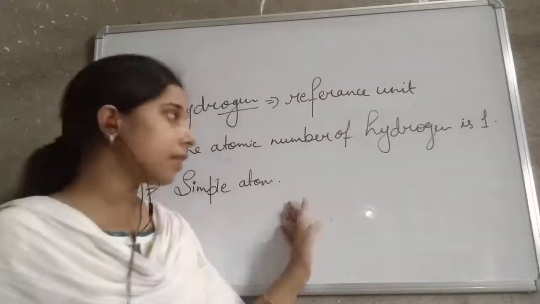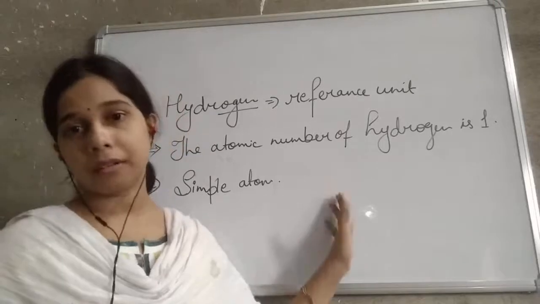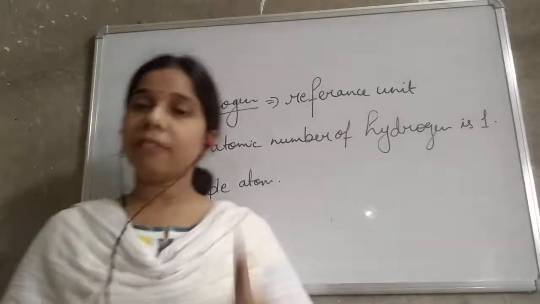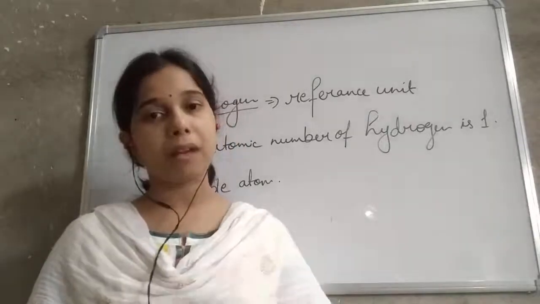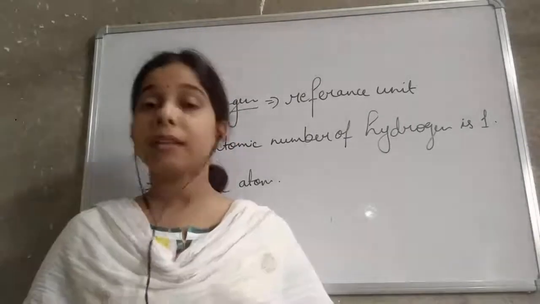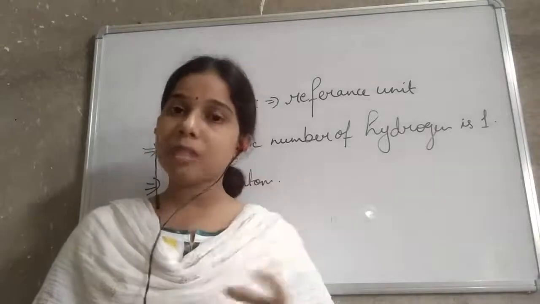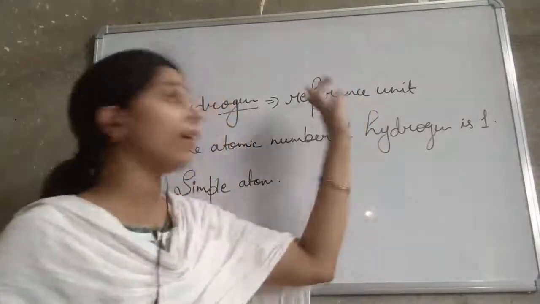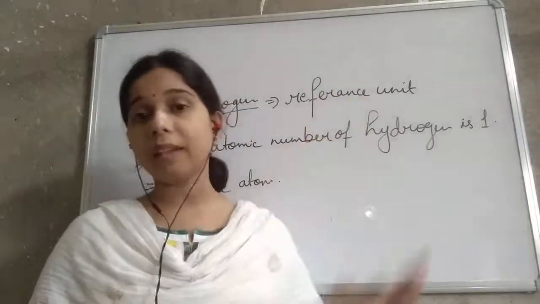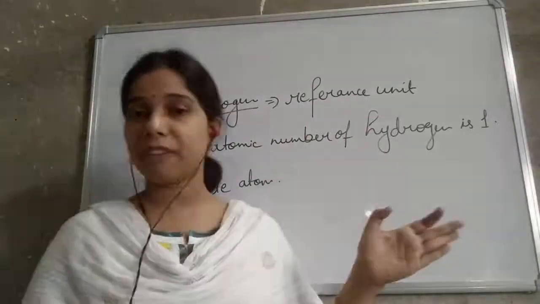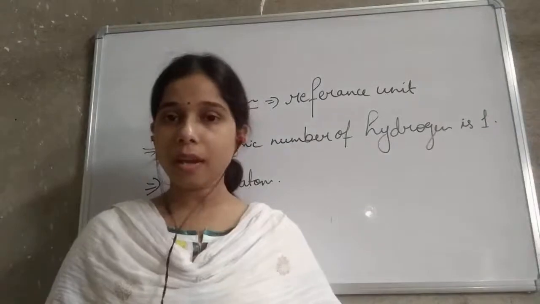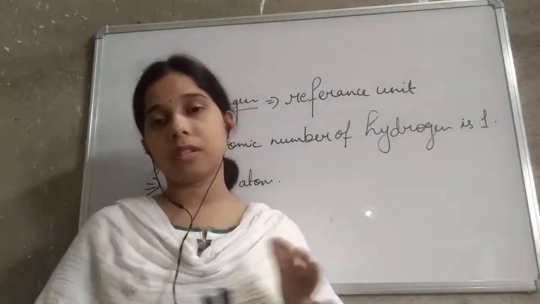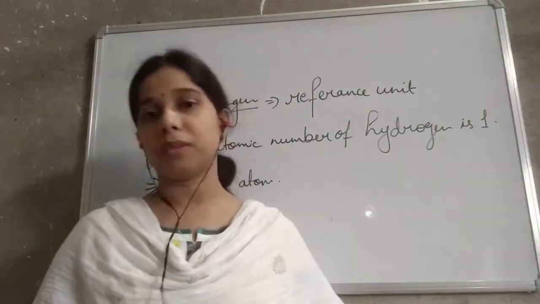But this reference unit is discarded. The reason is, when we start using hydrogen as a reference unit to measure the mass of the different elements, we find that the relative atomic mass which we get comes in a fraction. Thus hydrogen is discarded as a reference unit.